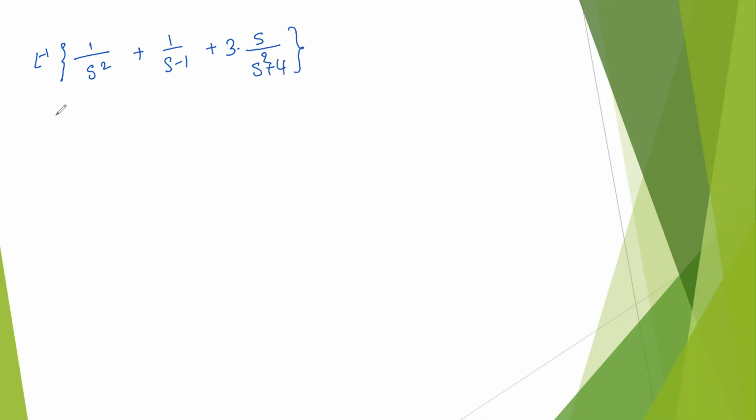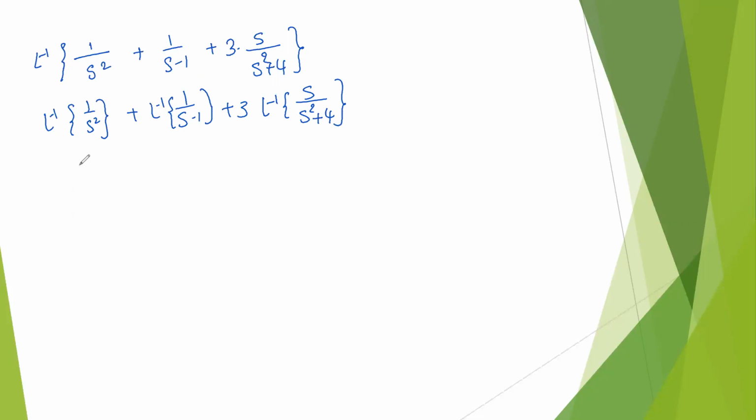So what happens according to the linear property? Again, we need to separate this L inverse for all the three individual terms. L inverse of 1 by s square plus L inverse of 1 by s minus 1, plus 3 into L inverse of s by s square plus 4.